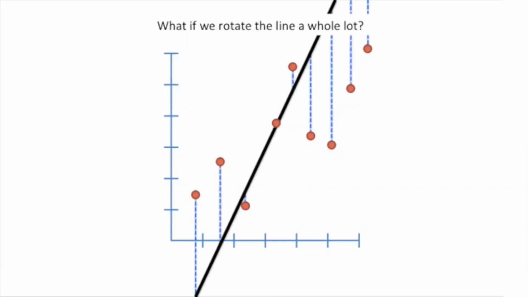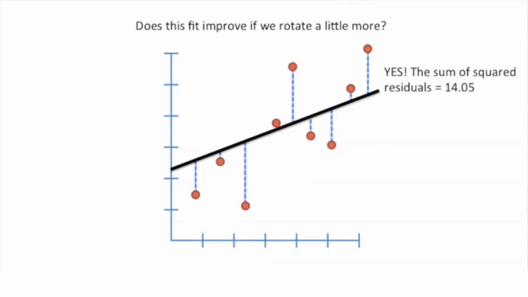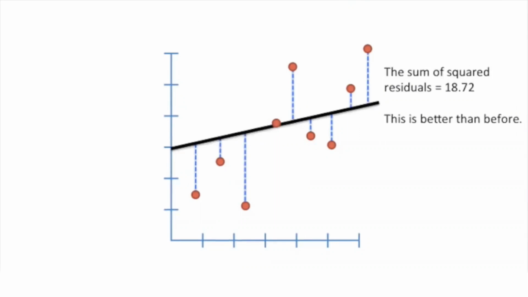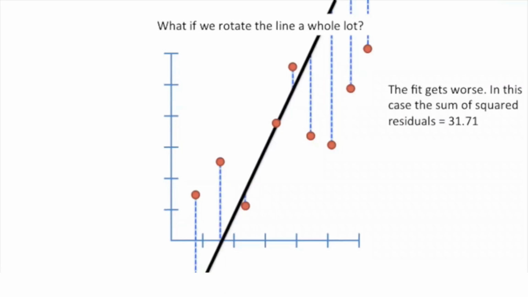And what if we rotate the line a whole lot? We keep on rotating the lines as the sum of squared residuals decreases, right? And once we rotate this line to a further level, what we get is that the squared residuals have eventually increased again.